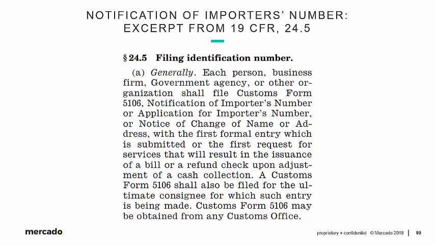Let's have a quick look at what that excerpt is. 24.5, filing identification number. A. And there's a little bit more to this, obviously, but this is the general idea.